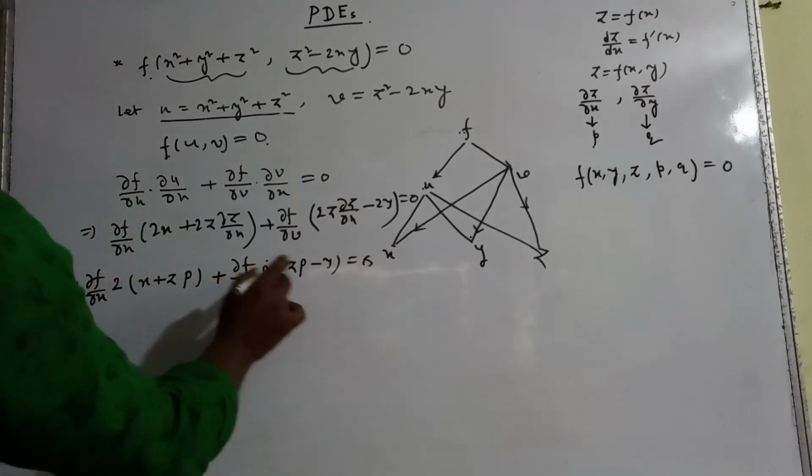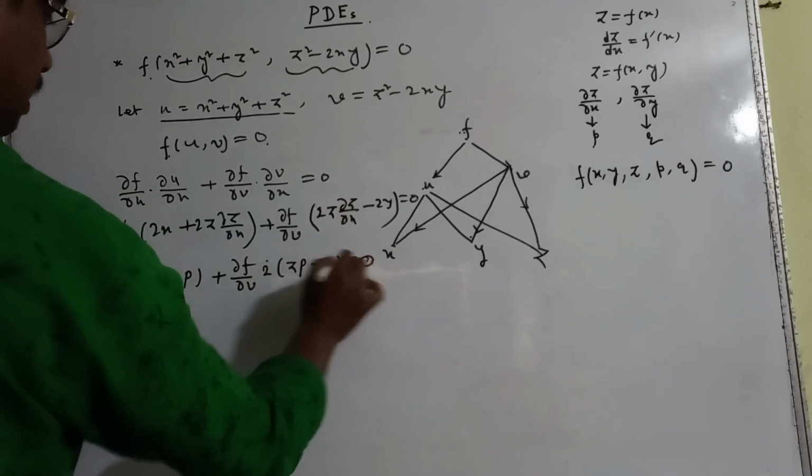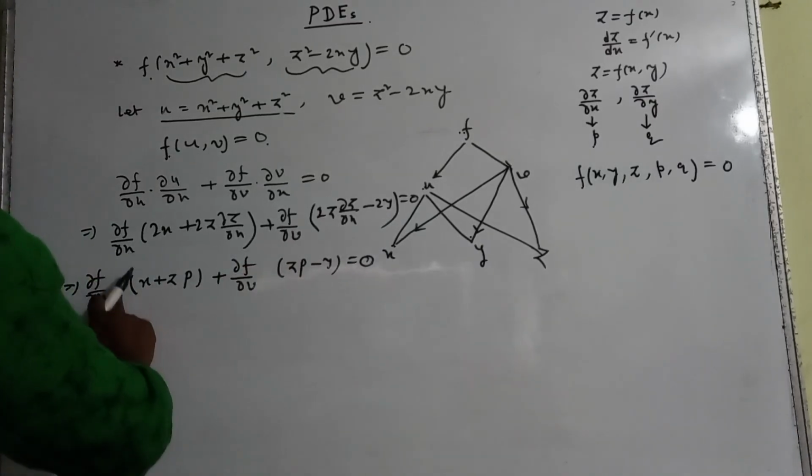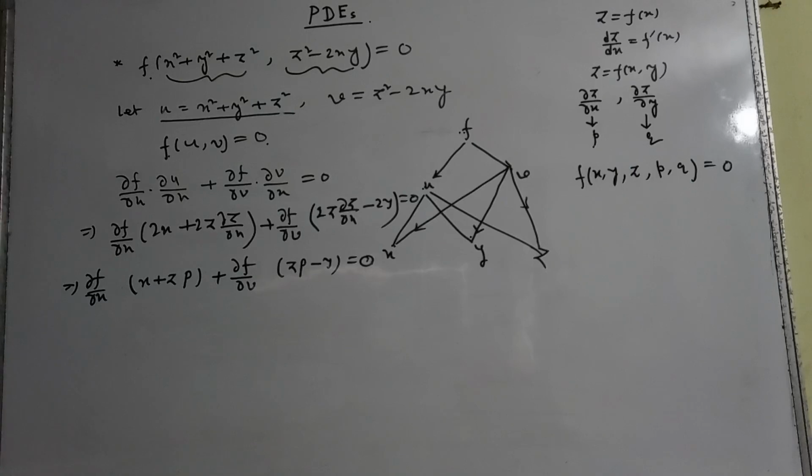We take 2 as common and divide by 2. So this is the relation, number 2.